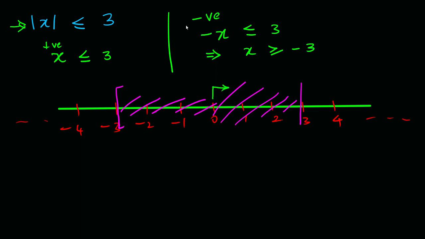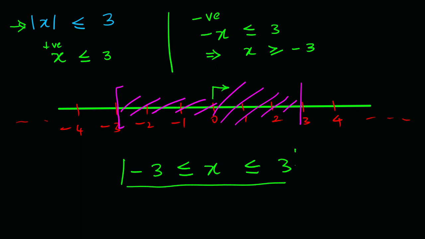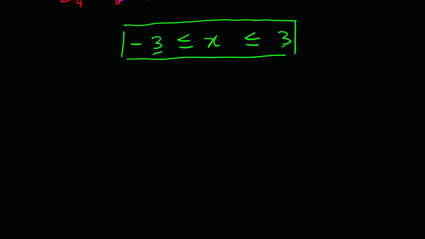Combining both the intervals, mod x less than or equal to 3 can also be rewritten as follows: minus 3 less than or equal to x less than or equal to 3. And if any other number other than 3 is given over here, that number will come over here. I hope you've understood this.